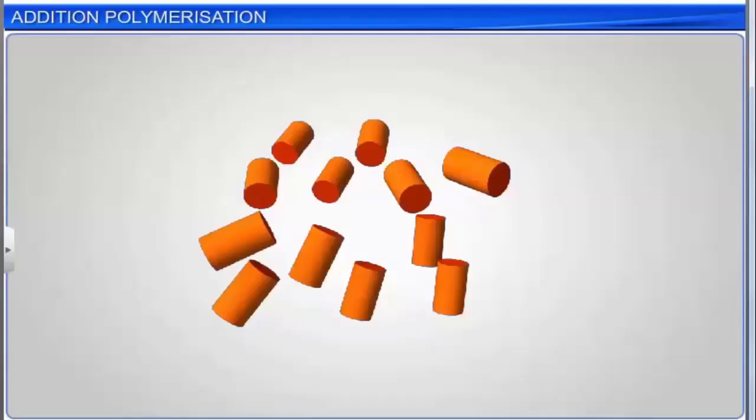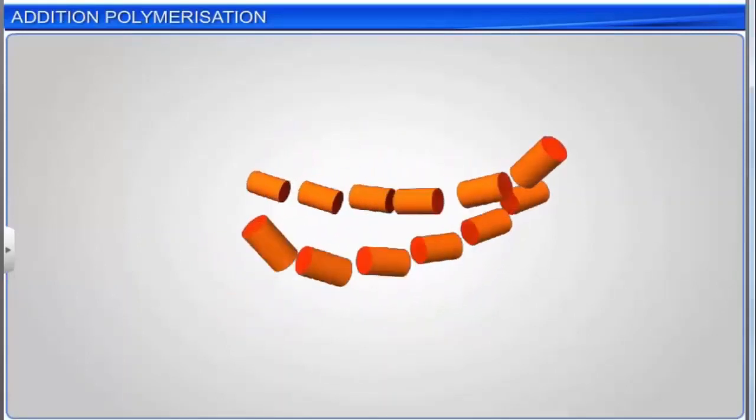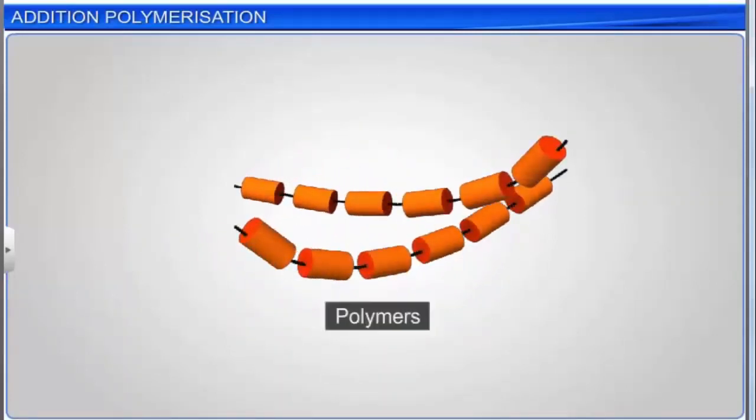You already know that the process of joining many small molecules or monomers together to form very large molecules or polymers is called polymerization.